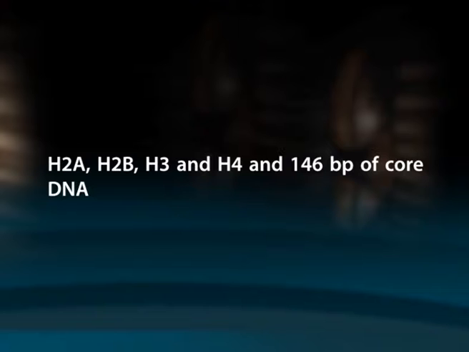The particle thus formed, the nucleosome core particle, consists of a histone octamer containing 2 copies each of histones H2A, H2B, H3 and H4 and 146 base pairs of core DNA which is wrapped around this octamer twice. The core particles are joined together by linker DNA whose length varies between species and between different cell types.